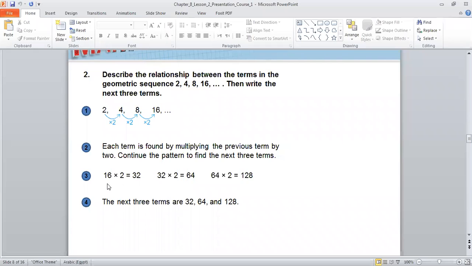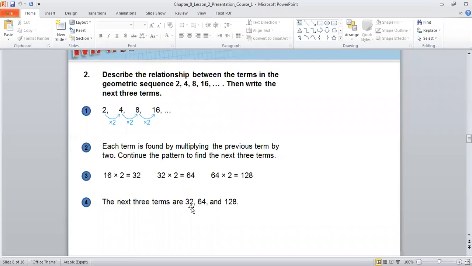So 16 multiplied by 2 equals 32. 32 multiplied by 2 equals 64. If you multiply this way, I call it a geometrical sequence. 64 multiplied by 2 gives me the next term, 128.